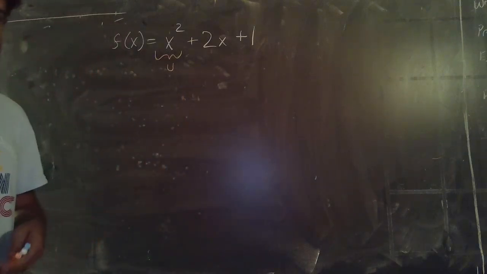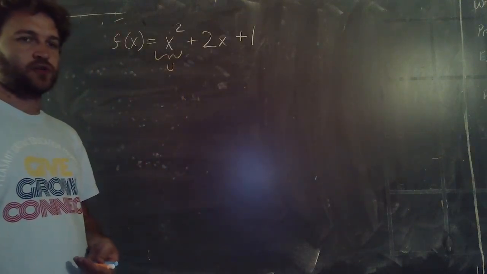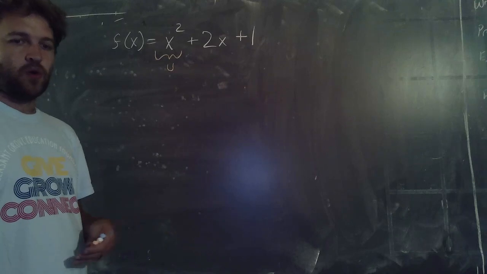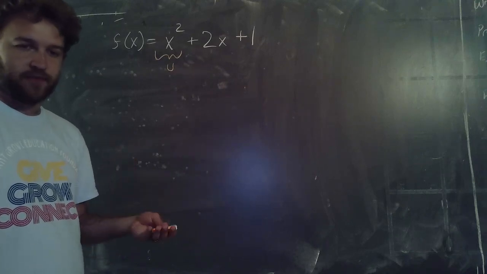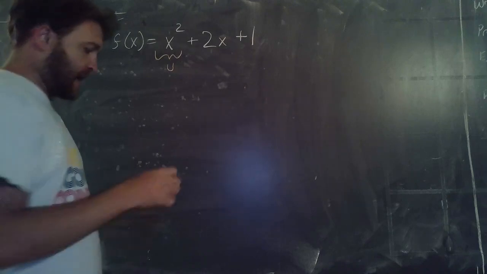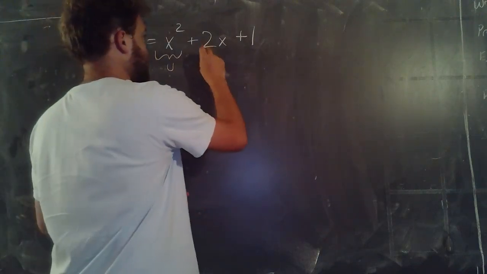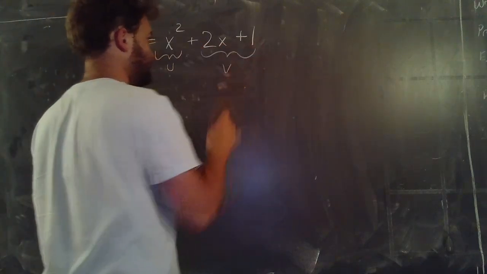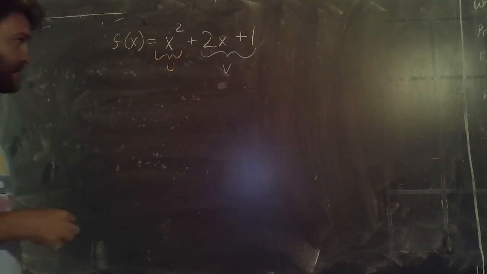In other words, I'm setting x squared equal to some variable, or just I've given it a different name for a part of a function, and I'm calling it u. And I could take this portion here and give it a different name. I can call it v.